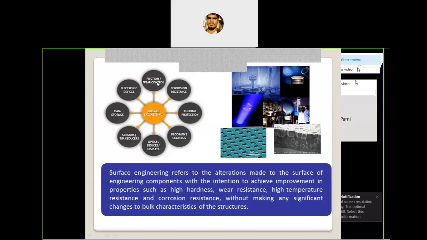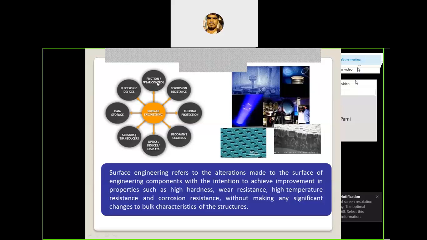By using surface engineering, we can control the friction. Is it correct? By using surface engineering, we can make a surface that will produce very less friction. If you provide a very slippery, very smooth surface, then it becomes frictionless.